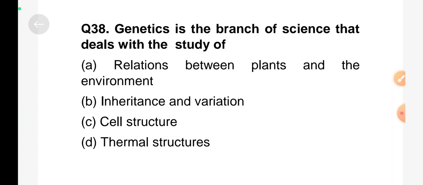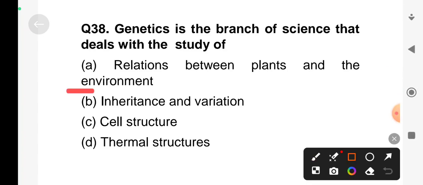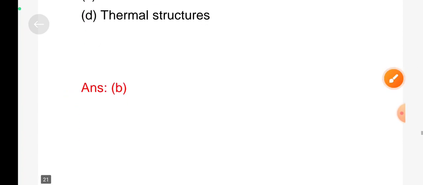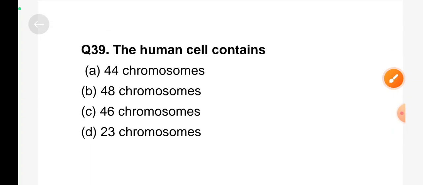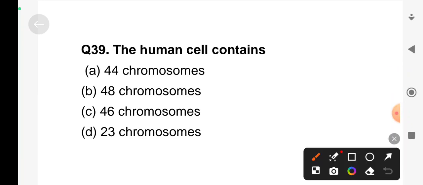Right answer is option B, inheritance and variation. The human cell contains option A 44 chromosomes, option B 48 chromosomes, option C 46 chromosomes, option D 23 chromosomes. Right answer is option C, 46 chromosomes.